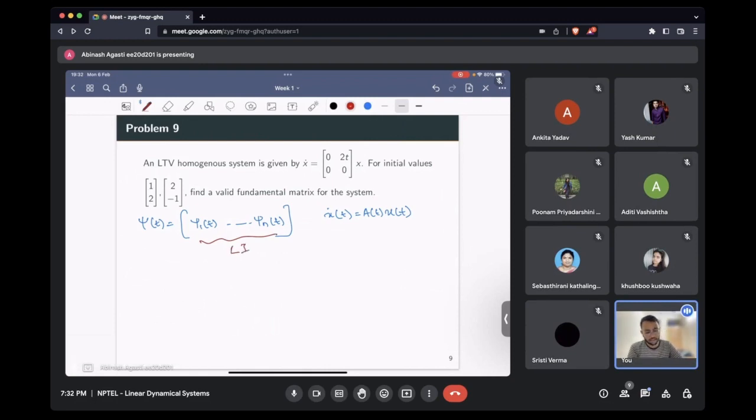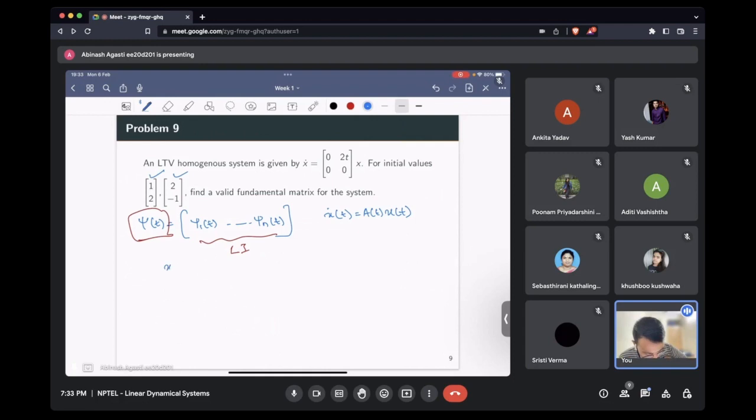These functions of time are linearly independent. If we have two linearly independent initial conditions, then their solutions will give us two linearly independent solutions, and for this second order system, those two solutions will give us a valid fundamental matrix.